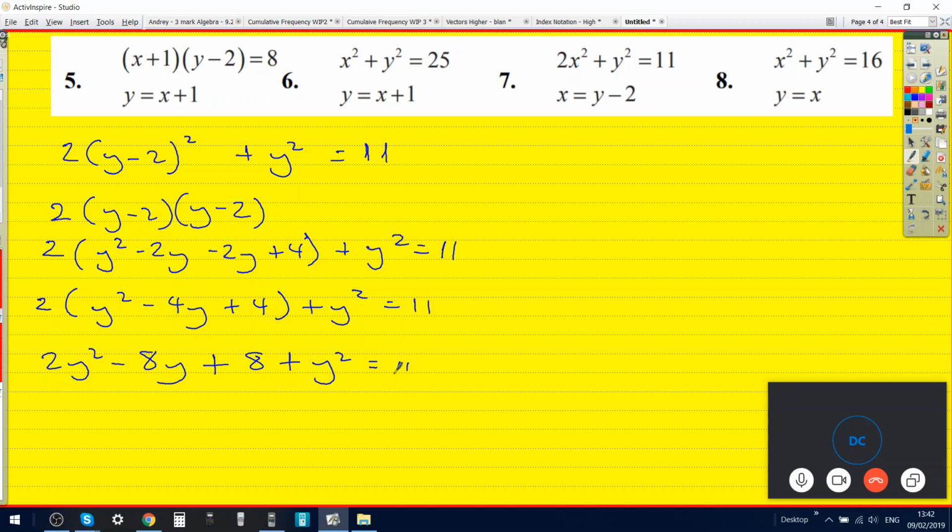Simplify that to 3y squared minus 8y plus 8 equals 11. 3y squared minus 8y minus 3 equals 0. And then you would go from there. The important bit is when you have a square bracket times by a number, you have to do the index before the multiplying.